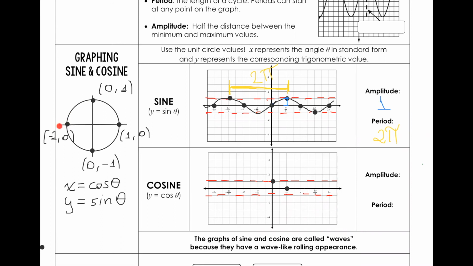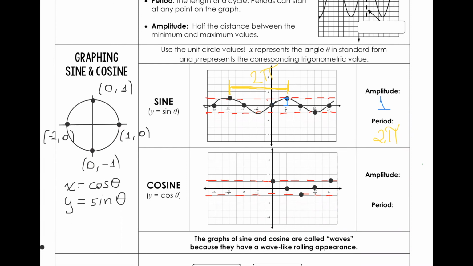The x-coordinate is -1, so we can graph that. 3 pi over 2 is 270 degrees. We go all the way to 270 degrees. The x-coordinate is 0. We can graph that again. And if we have 2 pi radians, that's going to be 360 degrees. We're going to end up at the same starting point, where the x-coordinate is equal to 1. So that's what we're going to graph, 1.